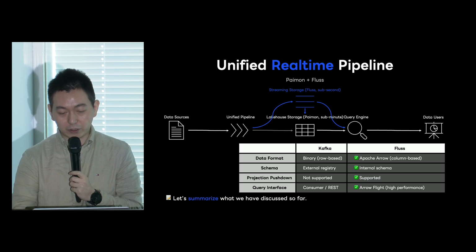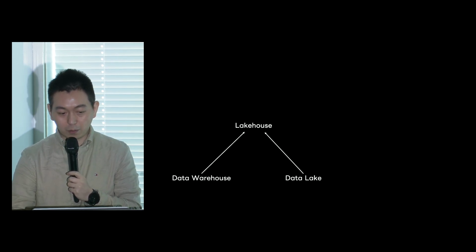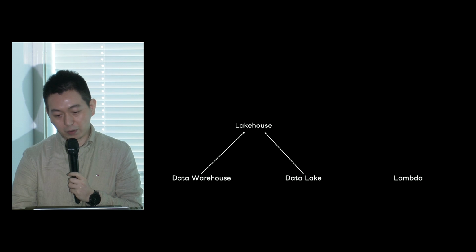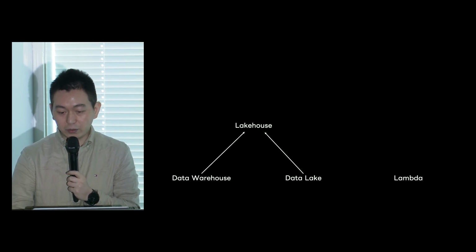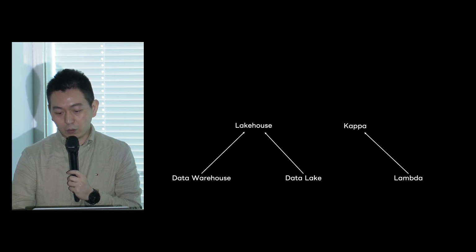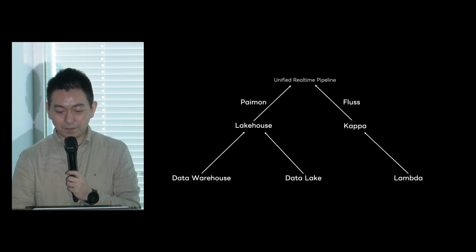Now let's summarize what we have discussed so far. We first introduced the data warehouse and the data lake. Then we combined them to form Lakehouse. To support streaming processing, we introduced the Lambda architecture and unified it with Kappa architecture. Later, we tried to improve Kappa with Lakehouse storage. After adopting Paimon and Fluss, we got unified real-time pipeline.